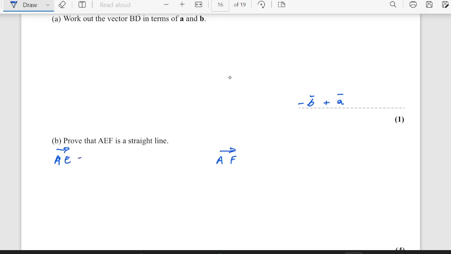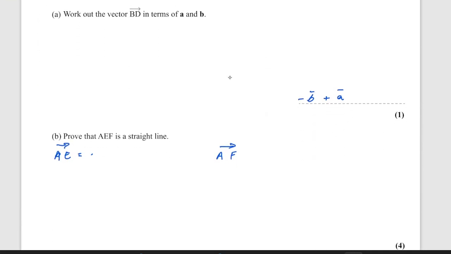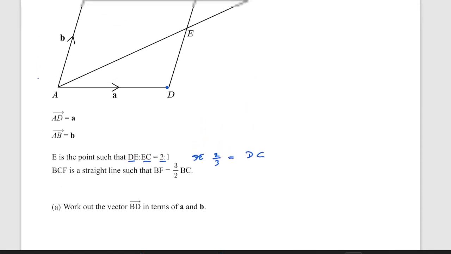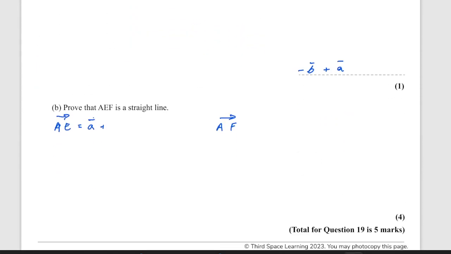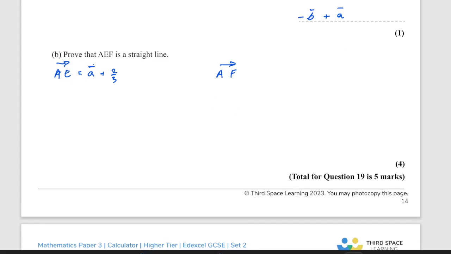So A to E is going to be equal to A to D plus, if we look here, it's 3 parts, so it's going to be 2/3 of D to C. So D to E is equal to 2/3 of D to C. So D to C is B, so it's going to be plus 2/3 of B.